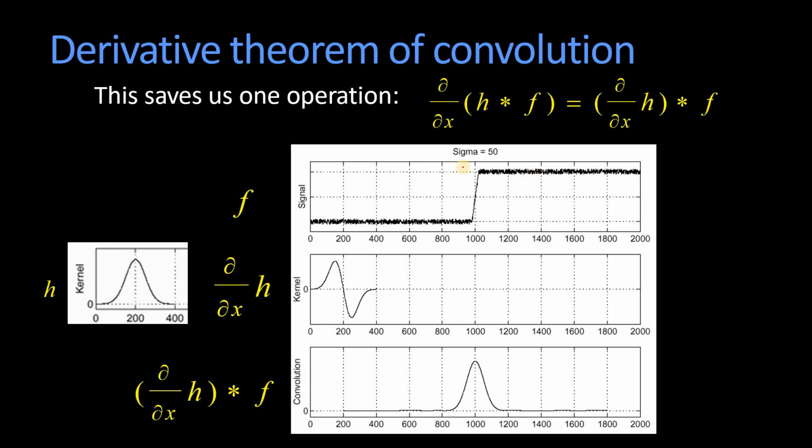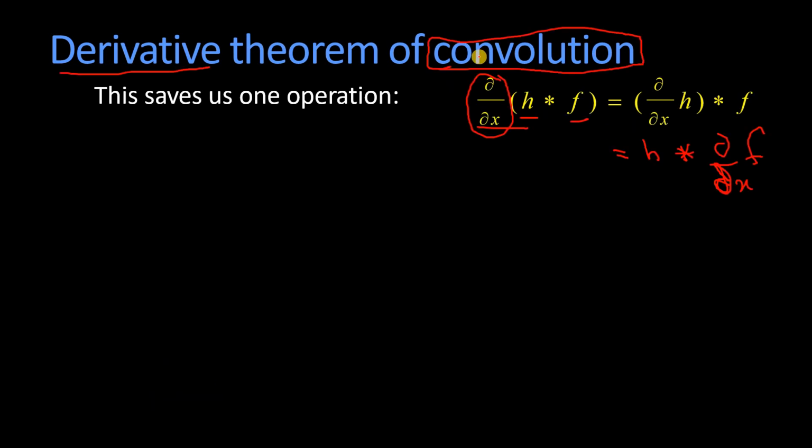The important point we want to make is this: you have a big image, maybe 1 million pixels, very big. That is f. The kernel h is very small compared to the real image.